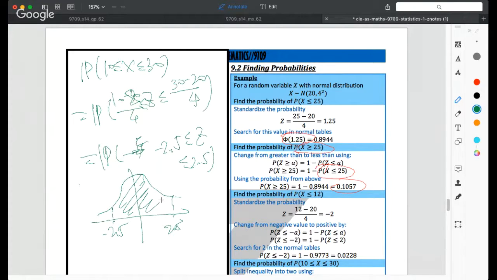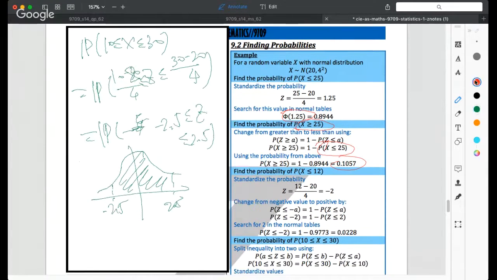We are trying to find the green area, correct? And what's the green area? It's just the red area minus the blue area, right? And what's the red area?